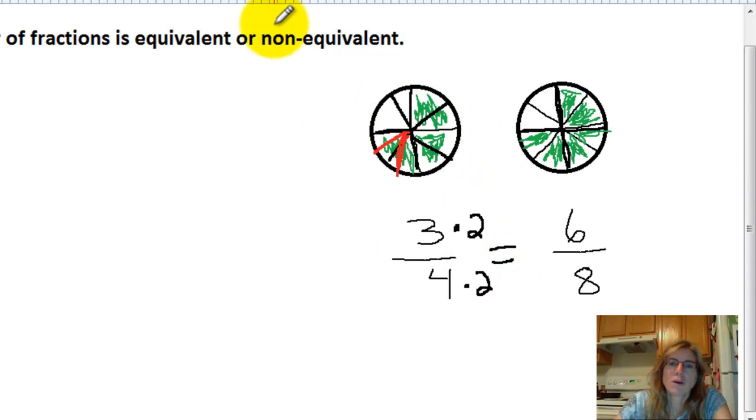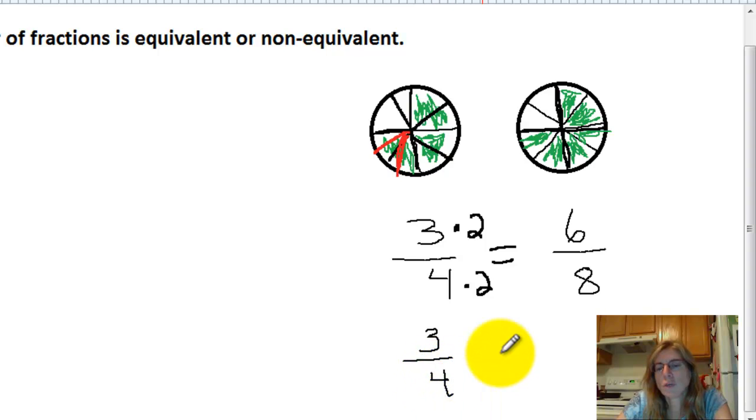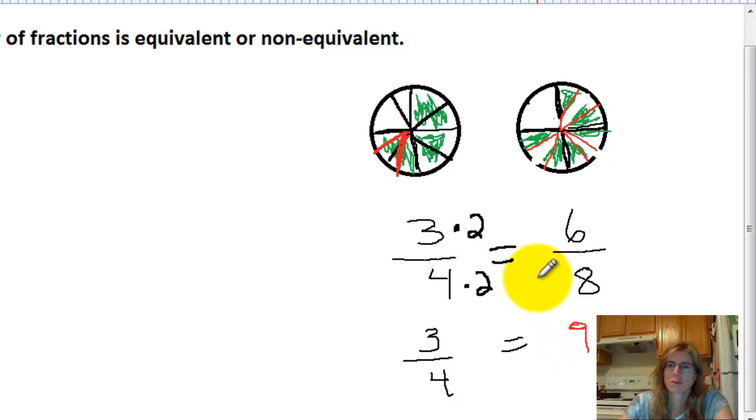Let's try it with 3/4 and see what other kind of equivalent fraction we can make just by applying the concept of cutting the pieces. So instead of cutting each piece in half evenly, let's cut each piece into thirds. Then we have 1, 2, 3, 4, 5, 6, 7, 8, 9. So we have 9 pieces.